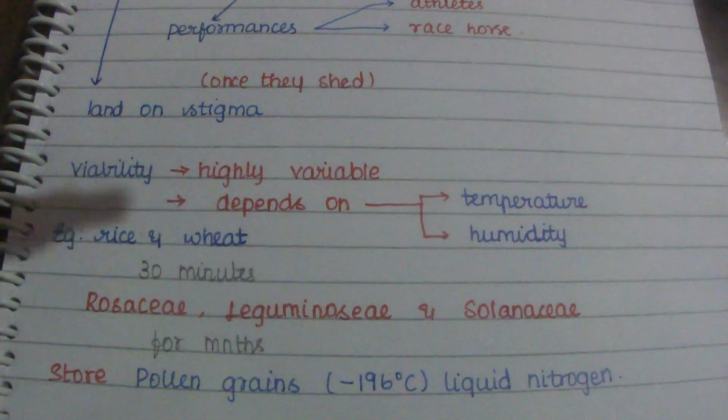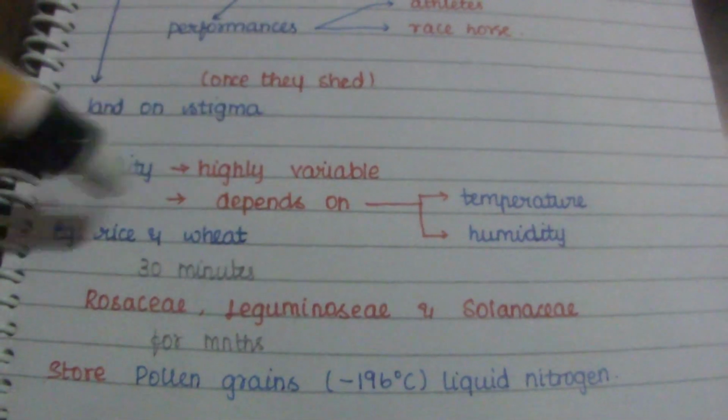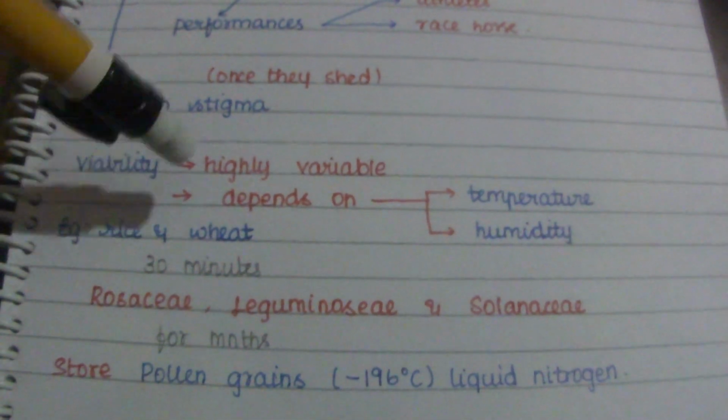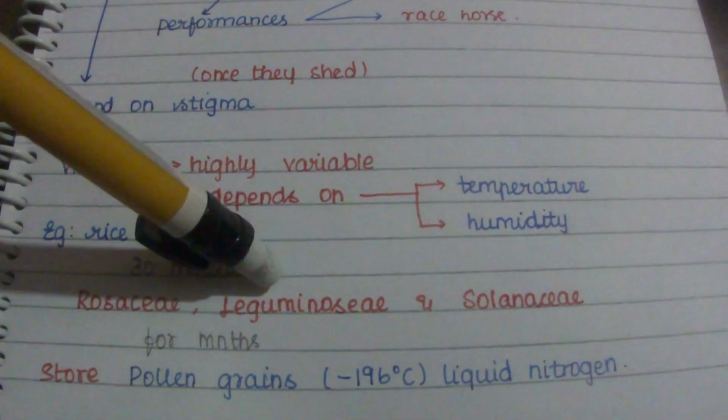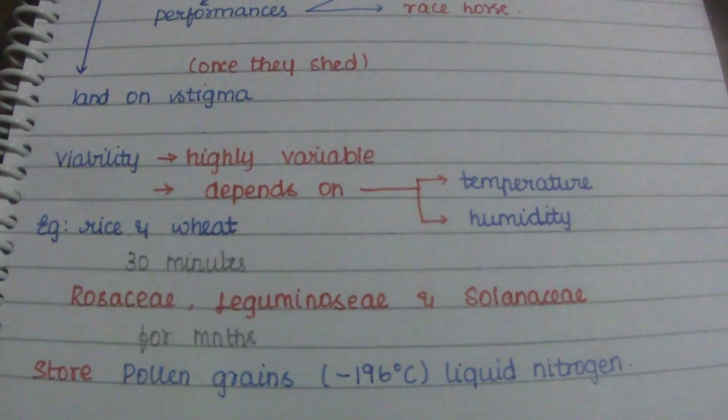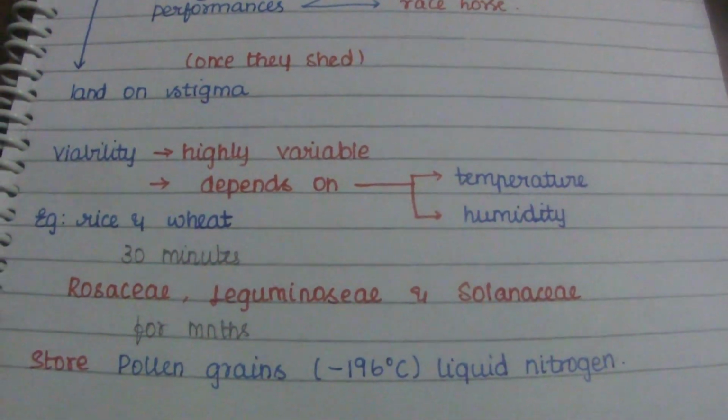It depends on the temperature and the humidity in which it is located. For example, rice and wheat pollen remain viable for only 30 minutes, whereas in Rosaceae, Leguminosae and Solanaceae it lasts for months. So how is it possible to carry out further processes for rice and wheat?